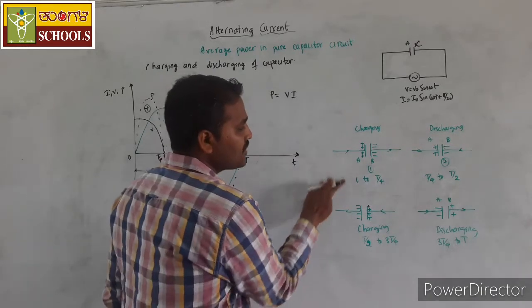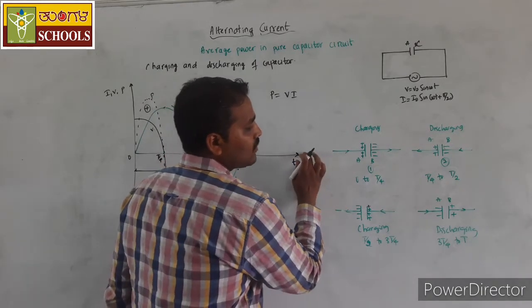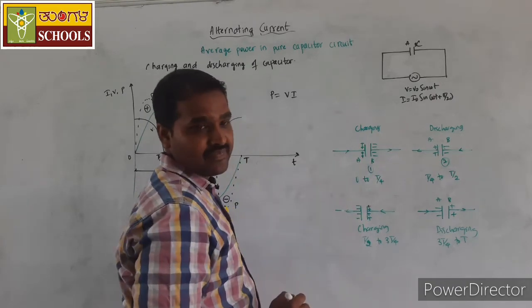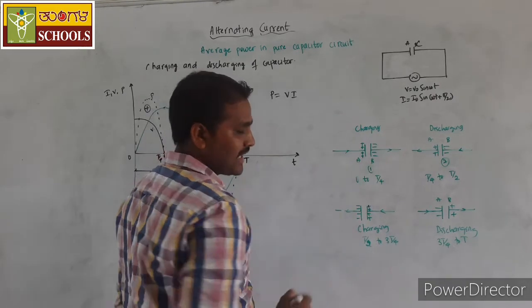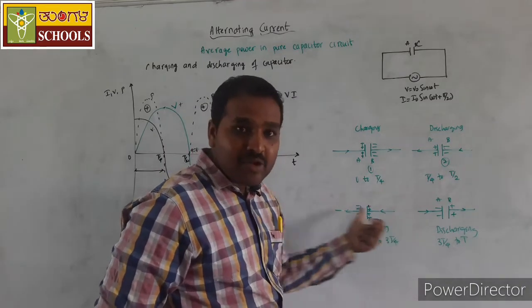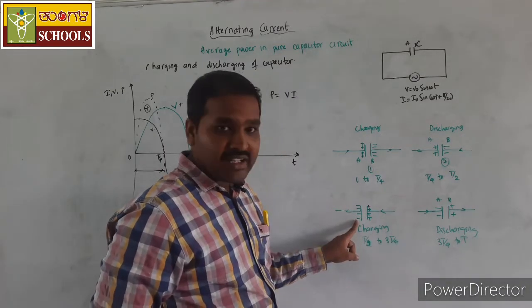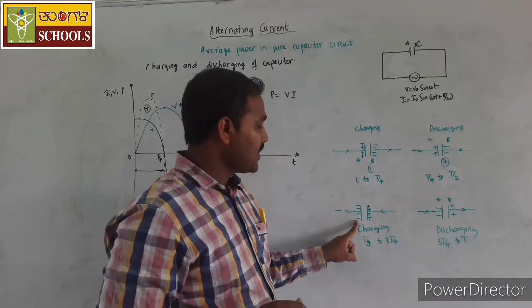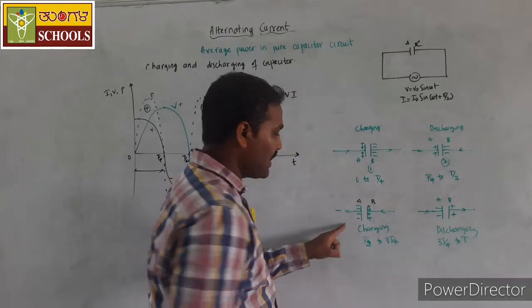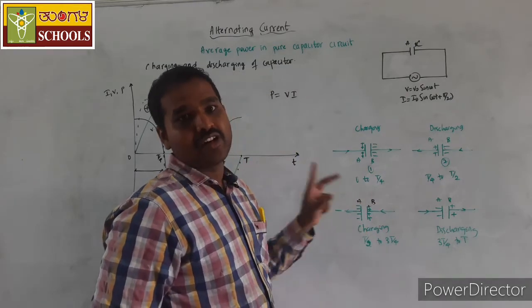Compare these two figures here. Here the current was moving in the forward direction, so plate A was positively charged and plate B was negatively charged. But observe the third figure here, the current is moving in the opposite direction, hence the polarity of the capacitor plates is reversed. Plate A is getting negatively charged and plate B is getting positively charged.